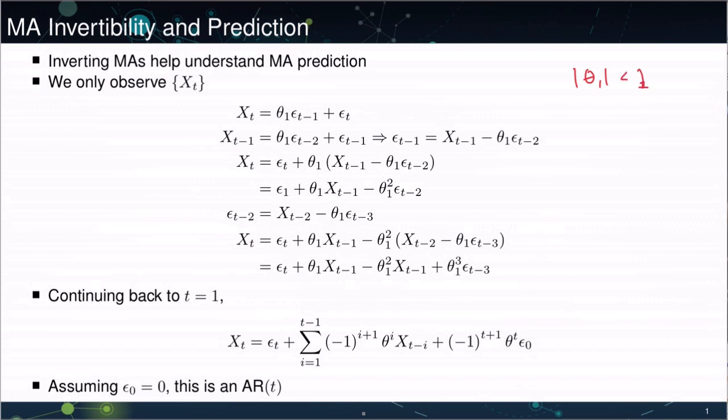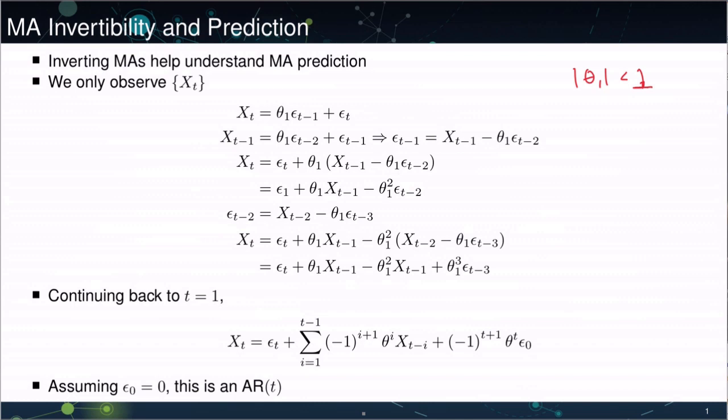In the course, we describe this as the invertible range for the moving average coefficient. We can see that that's going to be necessary here, because what we're going to do is see how an MA(1) can be turned into an AR infinity. We'll use this relationship later in the course when we try to get some insights into some other models and the structure they use, in particular how a particular forecasting model might be related to an underlying data generating process.